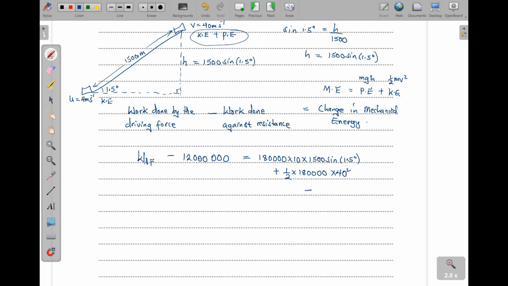Then we shall subtract. This is our final. Then the initial, we only have the kinetic energy. So a half times 180,000, then times 45 squared.